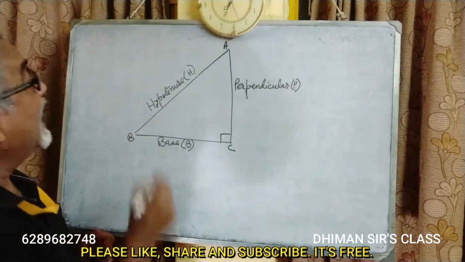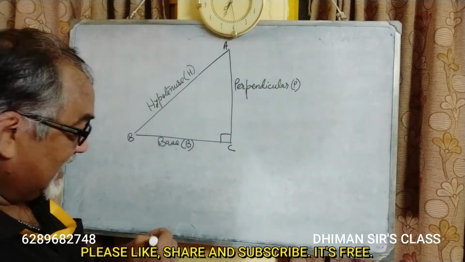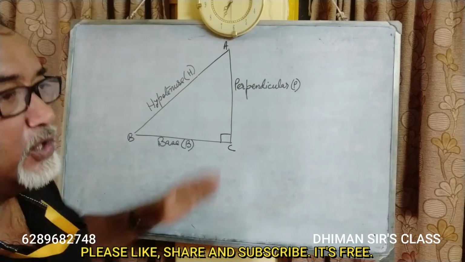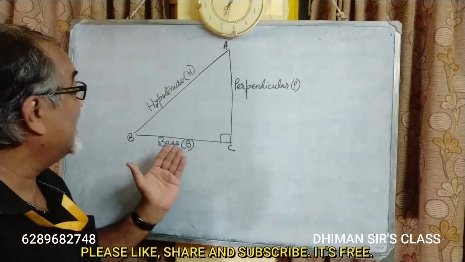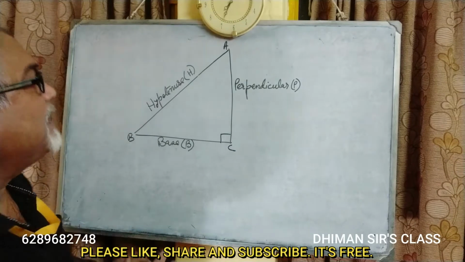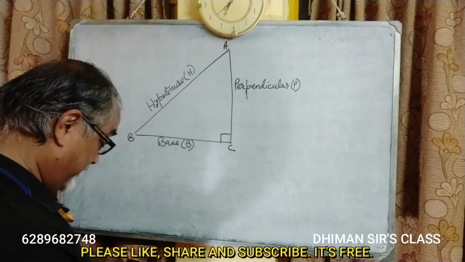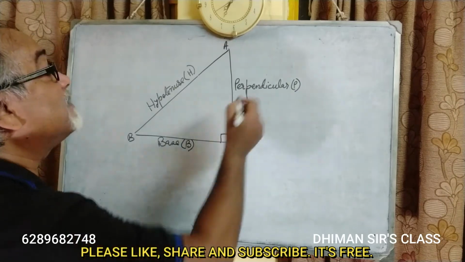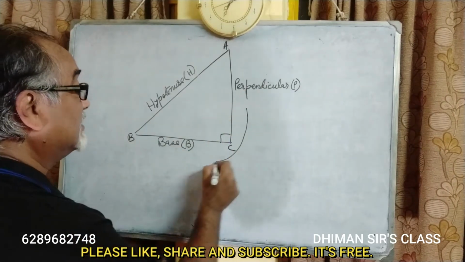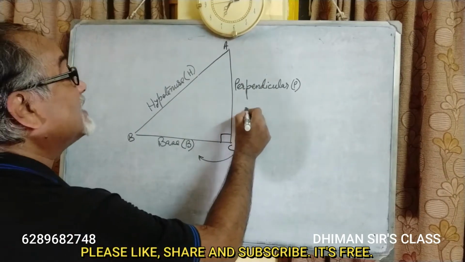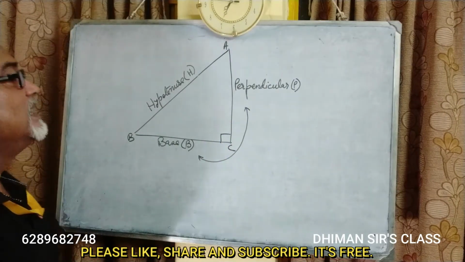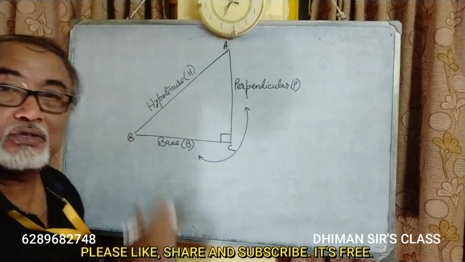Now, how do we understand, sir, which one is the hypotenuse, which one is the perpendicular, and which one is the base? See, base and perpendicular can be interchanged, but the hypotenuse will remain constant.